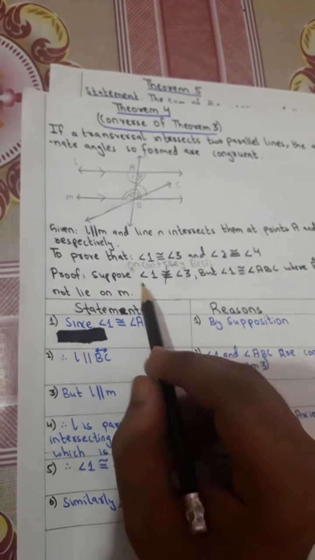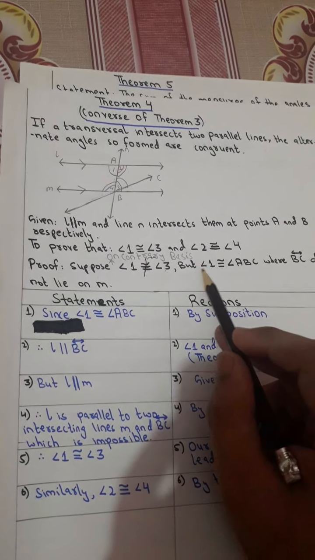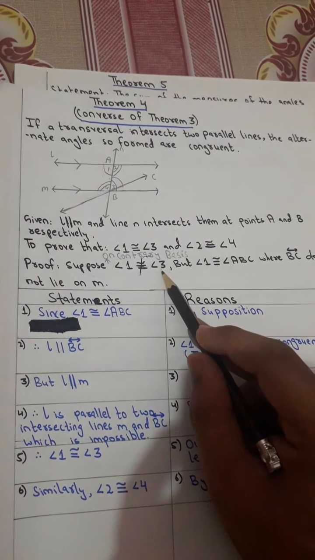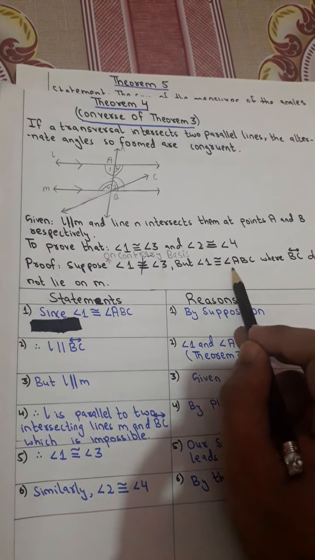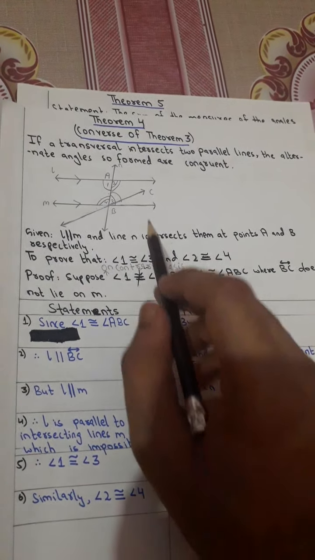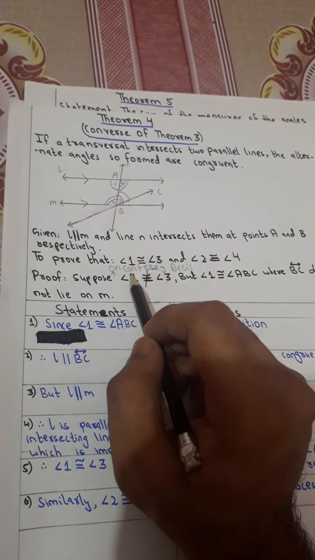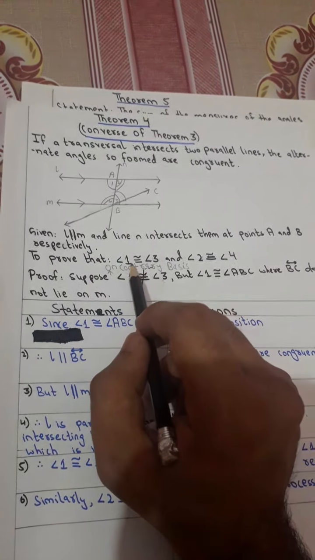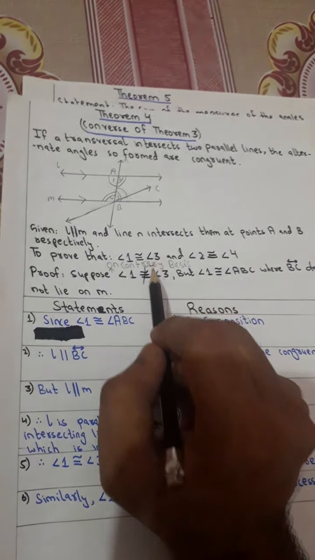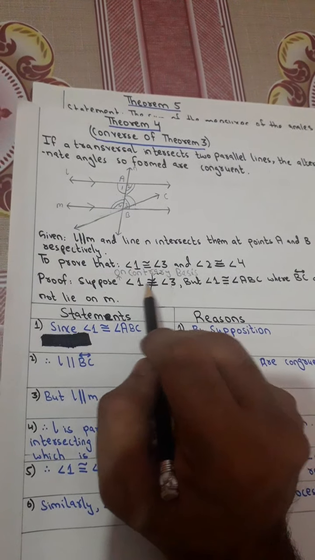So we take on opposite basis that angle 1 is not congruent to angle 3, but angle 1 is congruent to angle ABC, where BC does not lie on M. What we have to prove is that angle 1 is equal to angle 3, but we are taking on opposite basis that it is not equal.